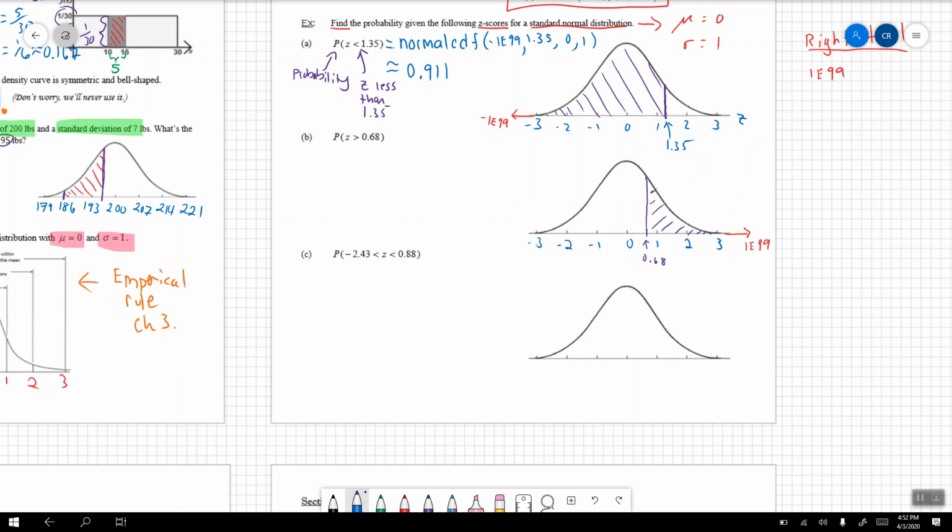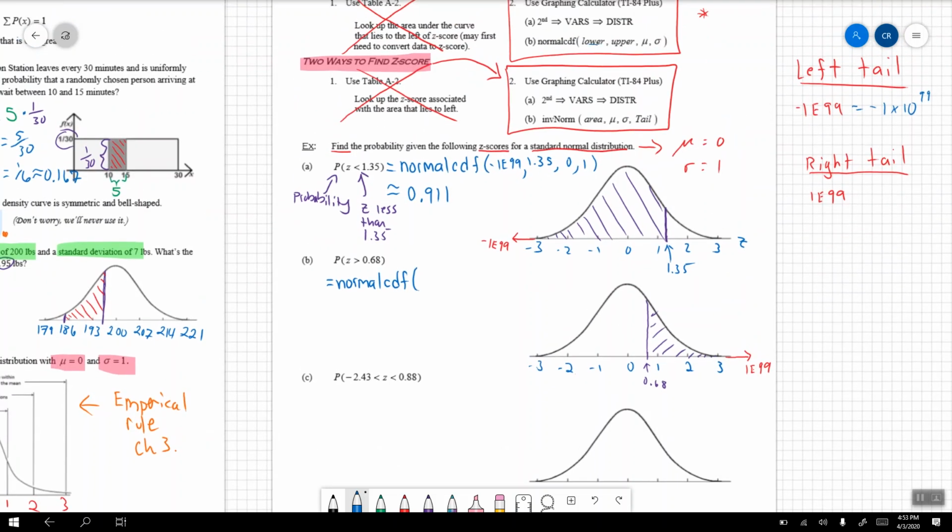Let's practice on the calculator really quick. But before we go there, let's see if we can write this out first. So normal CDF. We're going to go from left to right. What number do we stop at? In other words, what's that lower portion?